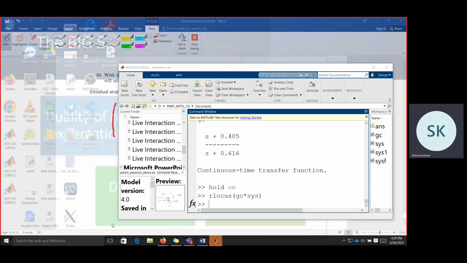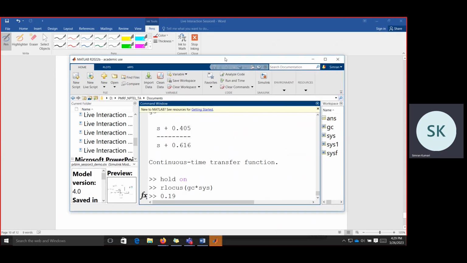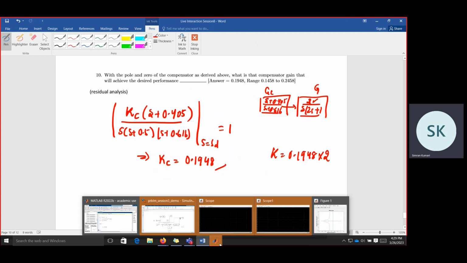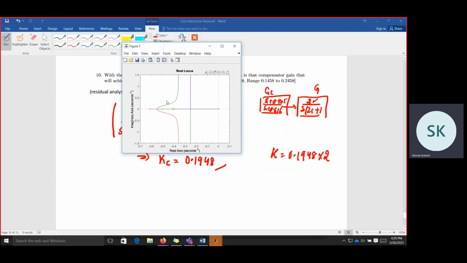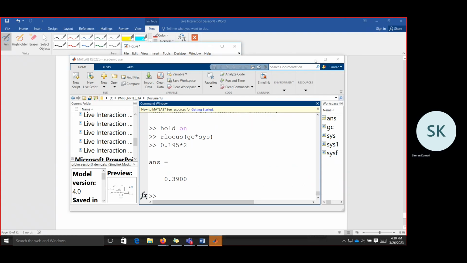So let us see what is the value of this one. 0.1948 into 2, so 0.39. So this is the value of k that we are expecting, and at this value of k we are expecting that the pole passes through minus 0.4 plus j0.3. This is the value, 0.39. Okay.